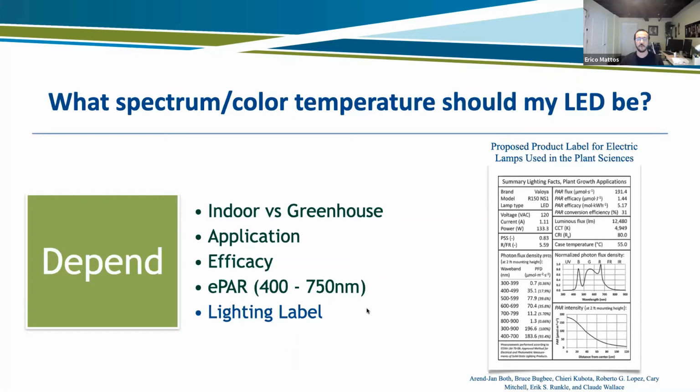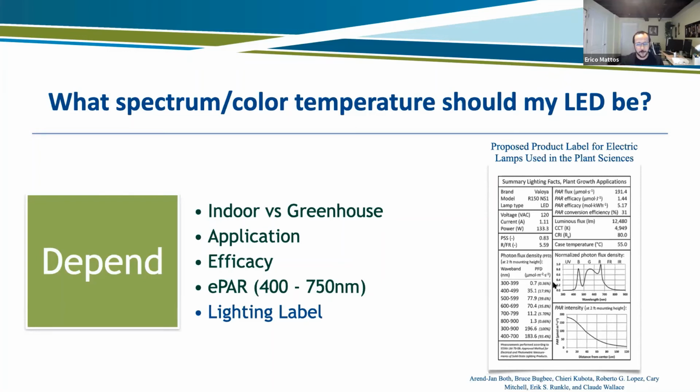And my recommendation to close my talk here on time is the lighting label. This is the lighting label published by AJ Both at Rutgers University, and it really helps you to identify those key metrics on your lighting system. It tells you how much light you have within the different ranges or colors of your fixture, talks about general aspects of the fixture itself, some efficacy numbers, the spectrum distribution, photosynthetic activity, phytochromatic activity, the ratio of far red to red.